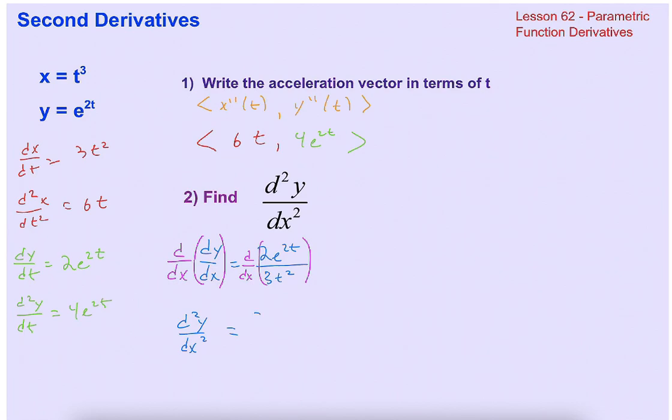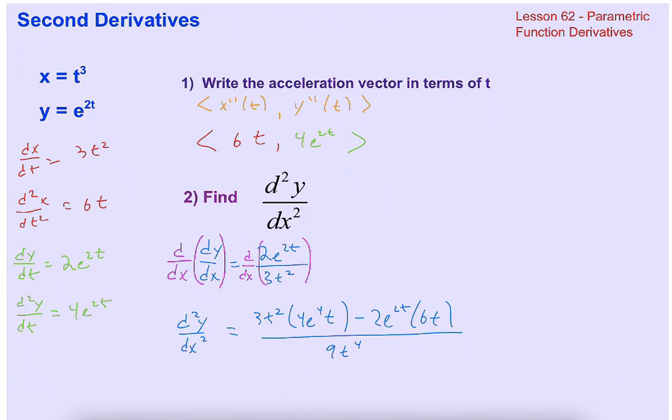So the lower one times the derivative of the higher one minus the higher one times the derivative of the lower one all over the lower one squared.